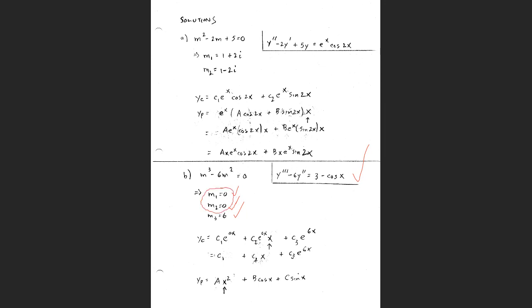So in the complementary solution, you have c1 times e to the 0x power plus c2 times e to the 0x power times x, because it's for a repeating value. And then you have c3 times e to the 6x.